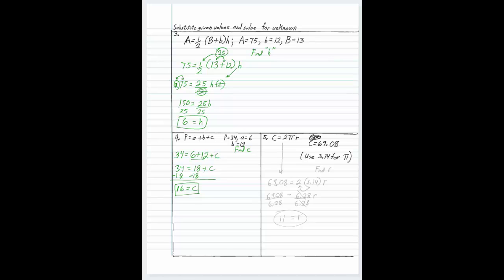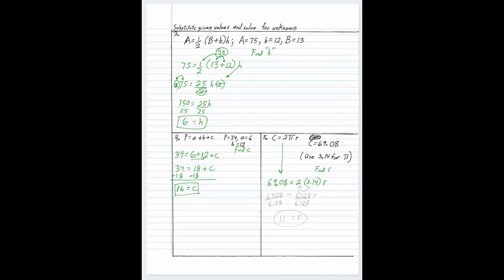For number 5, I see that we have C equals 2 pi r. They gave us C, they gave us pi, so what we must do is find r. So I know that C is equal to 69.08, equals 2 times pi, which is 3.14, and r we don't know yet.